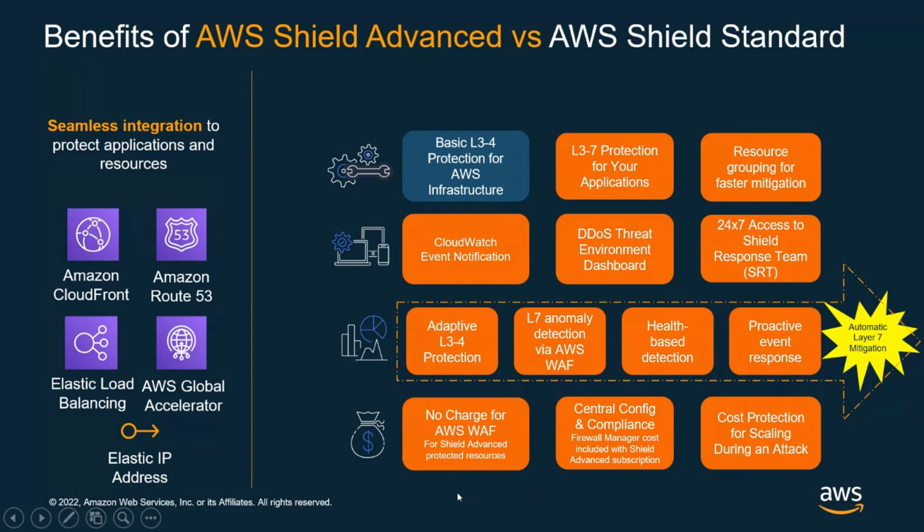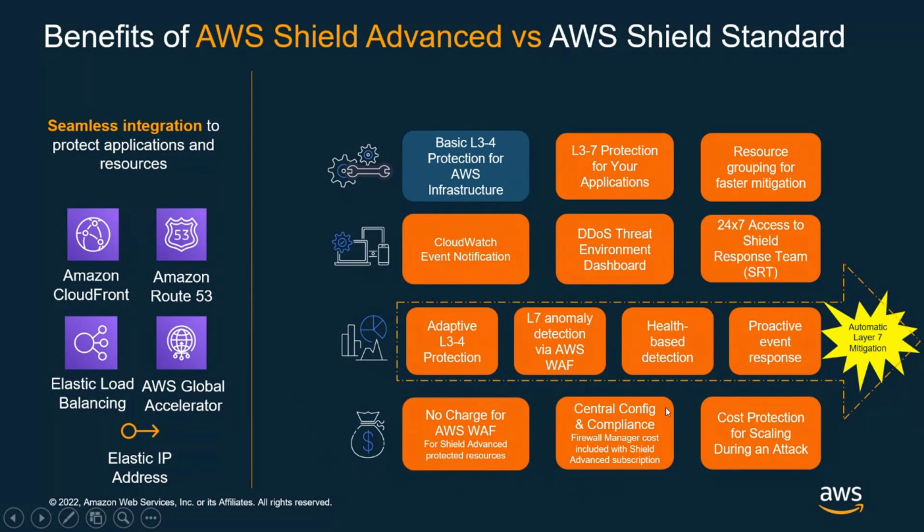There are a number of other resources out there, videos on YouTube or within our AWS website, that call this out. So if you have any further questions on that, you can take a look at those. But the net is, if you set up Shield Advanced and the AWS WAF web ACL associated with the resource you're protecting with Shield Advanced, WAF is going to come at no additional cost.